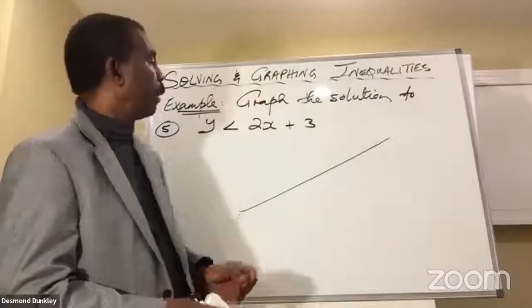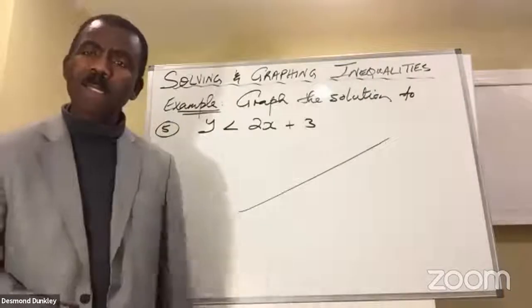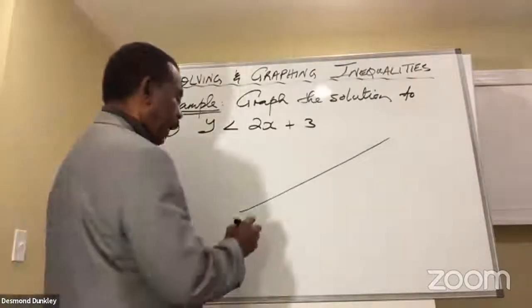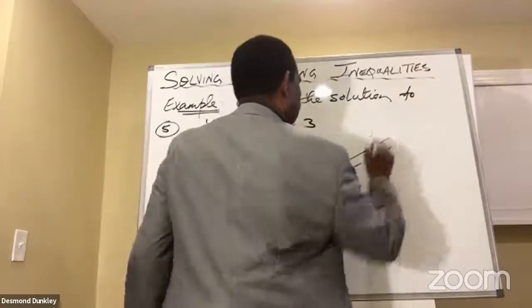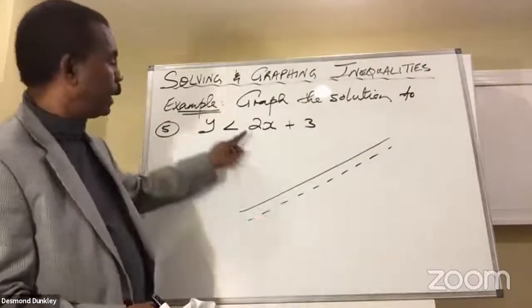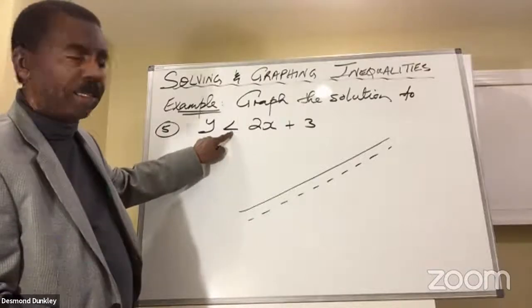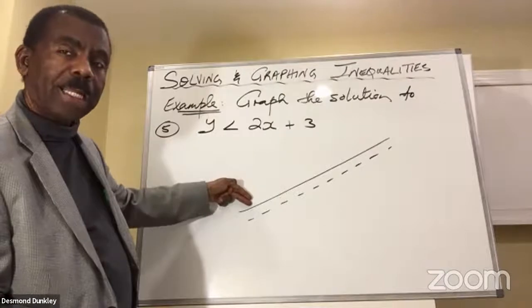Keep in mind that when you draw the line, which is really your boundary, you're going to end up with either a solid line or a dotted line. You will use a dotted line when it is strictly less than, but if it's a less than or equal to, you'll use a solid line.